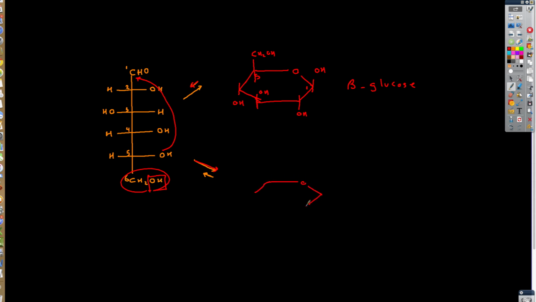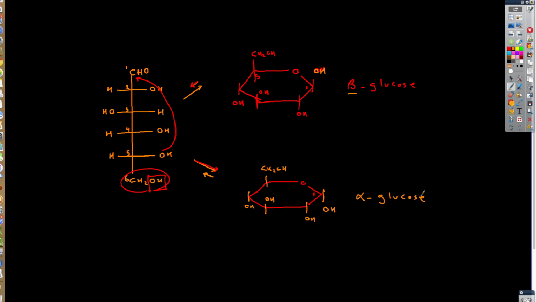The only distinction between alpha and beta is carbon 1: instead of the OH being on the same side as this, it is going to be on the flipped side, the opposite side. The rest stay as is. And this is your beta, sorry, and this is your alpha glucose.